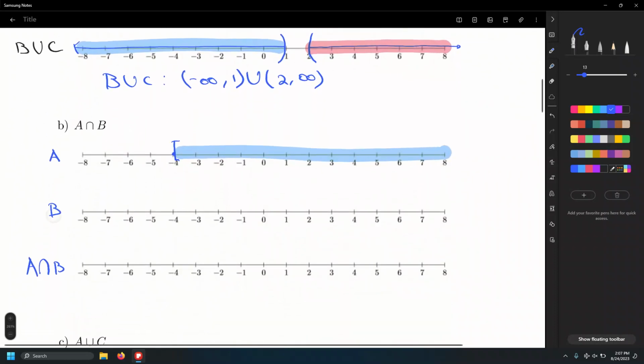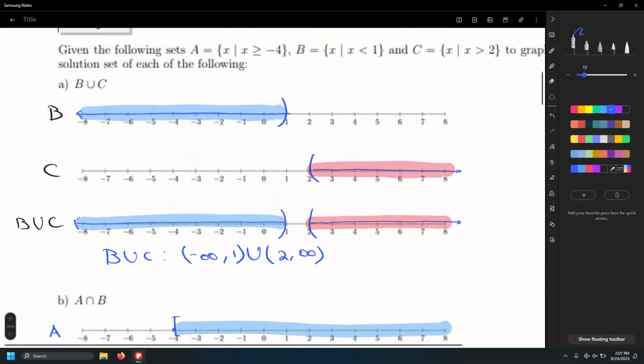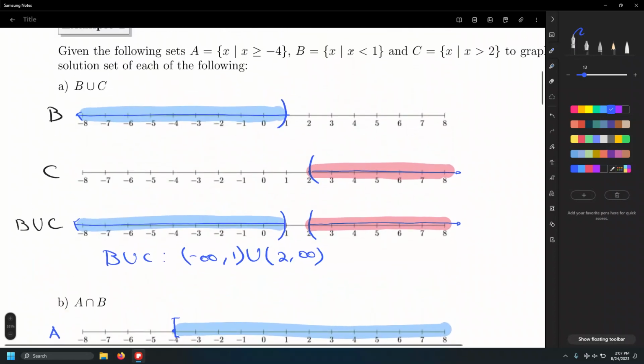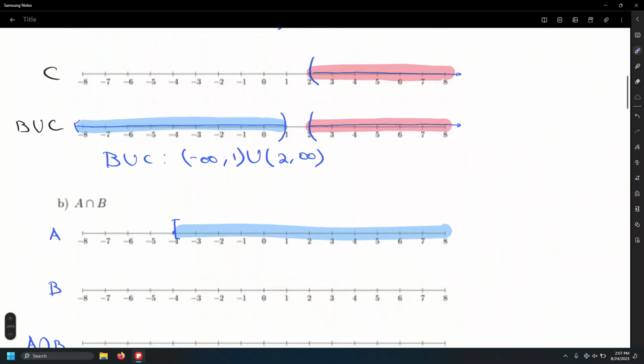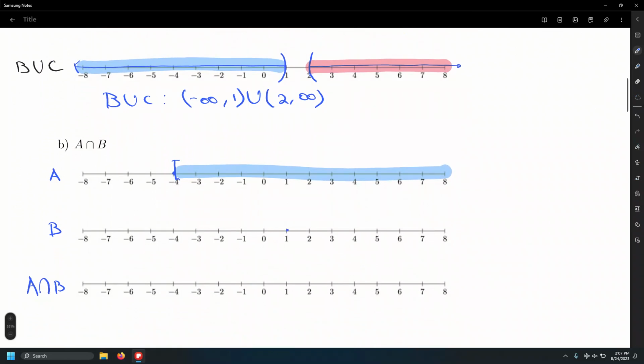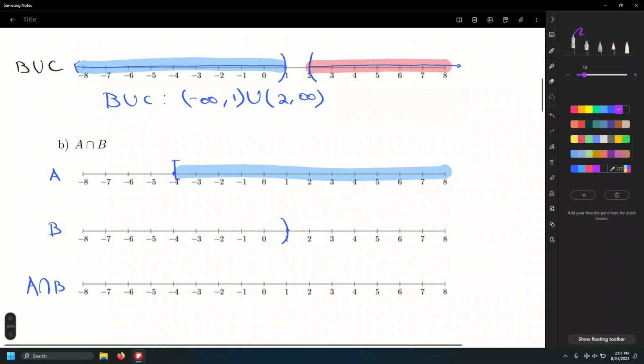Now, set B. Okay, set B, let me scroll up again. It's all the numbers that are less than 1. Again, I'm going to go to the number 1 on the number line. And then from there, it seems like we have to shade to the left again, all right? It's the same one from before. And with parentheses. And I'm going to use a different color here.